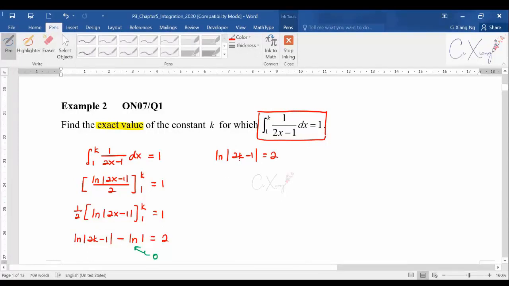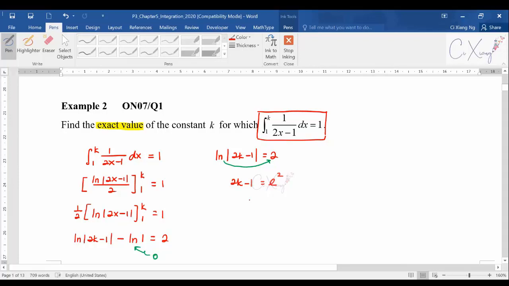Now I want to get the value of k, therefore I have to move the ln over. How can I move the ln over? ln is base e, correct or not? Therefore, if you bring the ln over, you have 2k minus 1 equals to e power 2. Again, how you change this one, you need the knowledge from chapter 2, when you learn how to bring the ln over and so on.